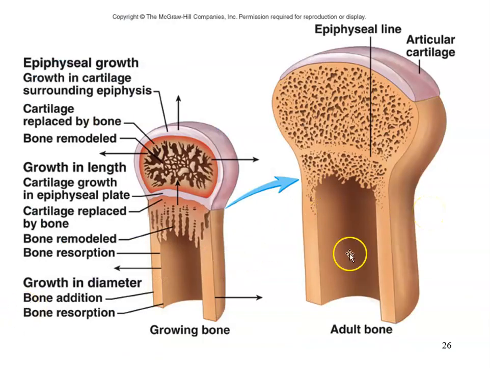And this image shows how we get from immature to mature bone with that cartilage being present in an immature bone and then replaced entirely by bone tissue. And then also our bone being remodeled to form a mature epiphysis lined by articular cartilage.